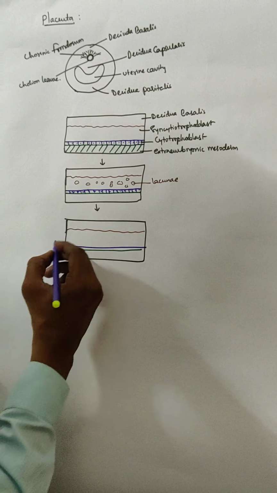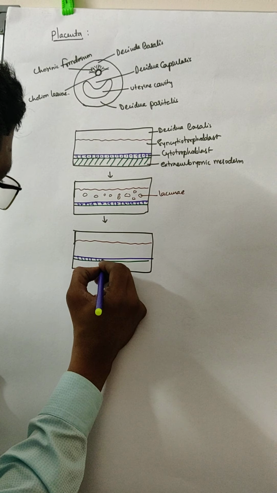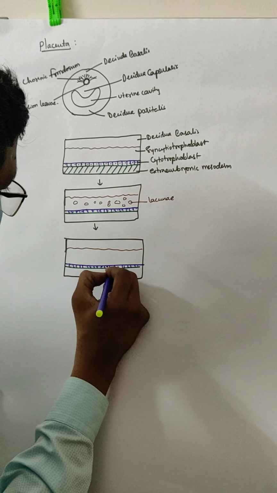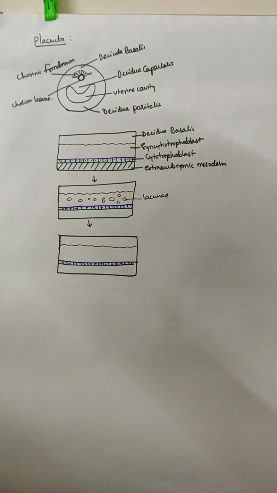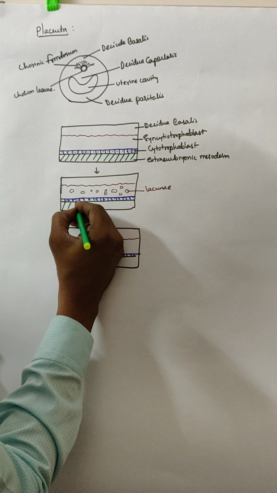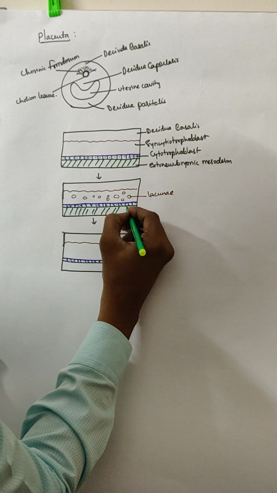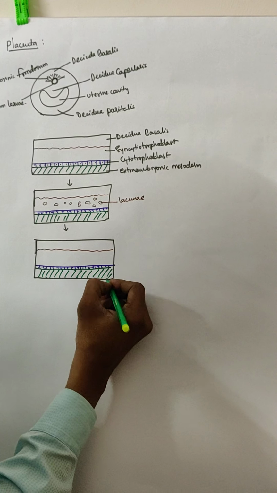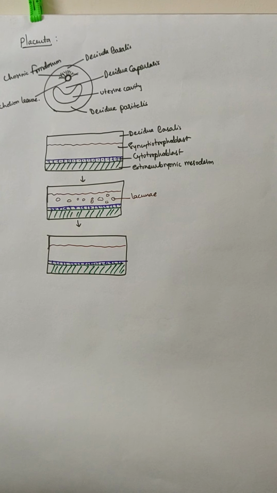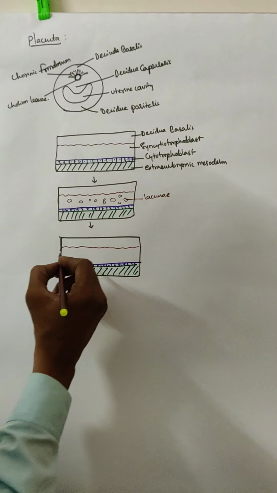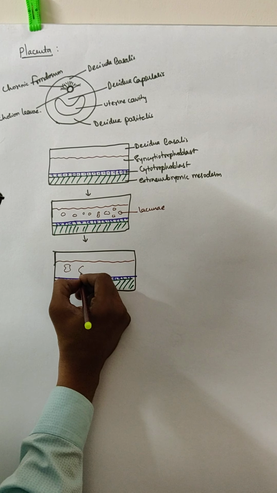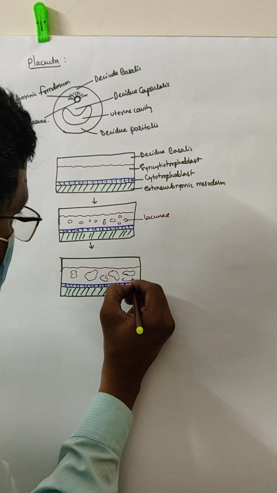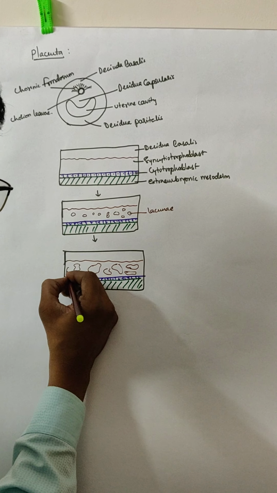I'll just complete this diagram by differentiating these 3 layers. You can see this is the cytotrophoblast layer, and this is all the extraembryonic mesoderm which you are seeing here. And these small lacunae will increase in size and become larger lacunae.